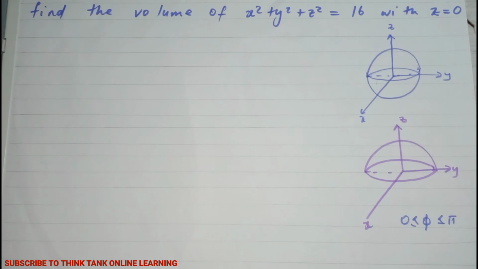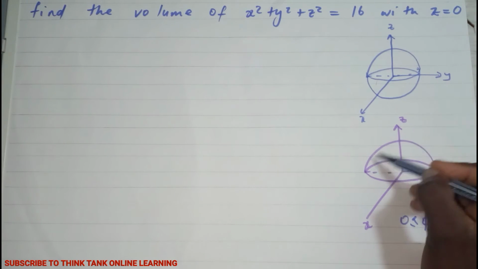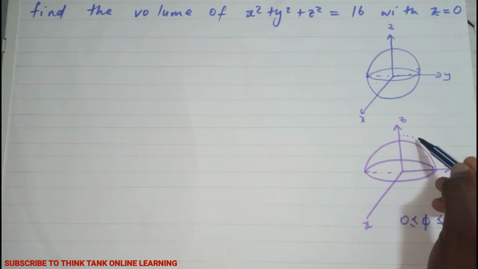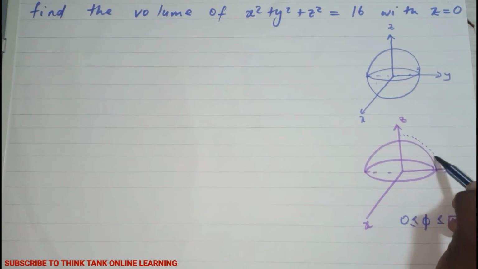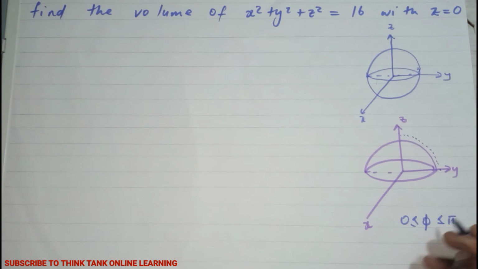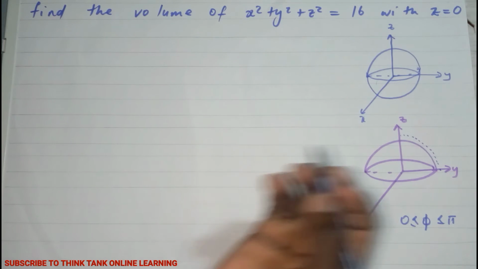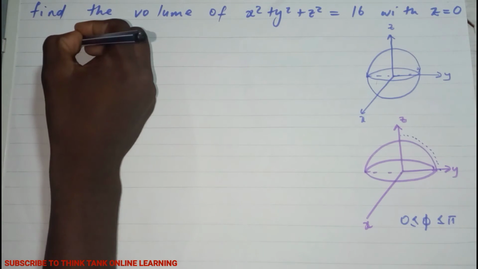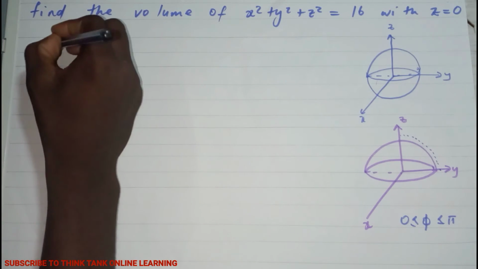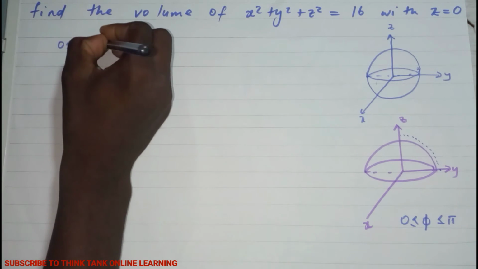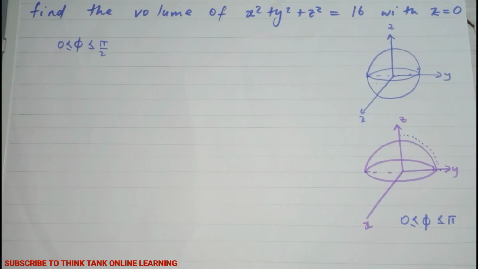Here this is the positive z-axis and this is the negative. So if we rotate here, and here, and here, up to here, that means our phi ranges from 0 to pi upon 2 in this problem.